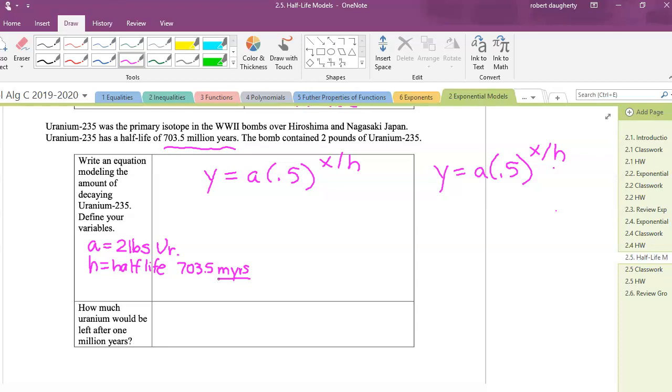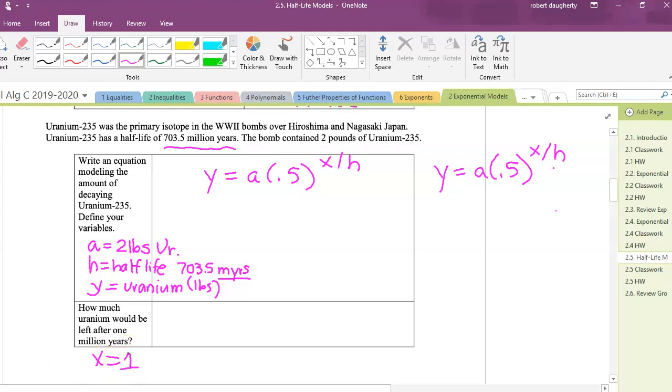So it says, how much uranium would be left after 1 million years? Y, my future value, is going to be the amount of uranium in pounds. If they ask me how much uranium is left after 1 million years, that's when we're saying x is equal to 1, 1 million years.